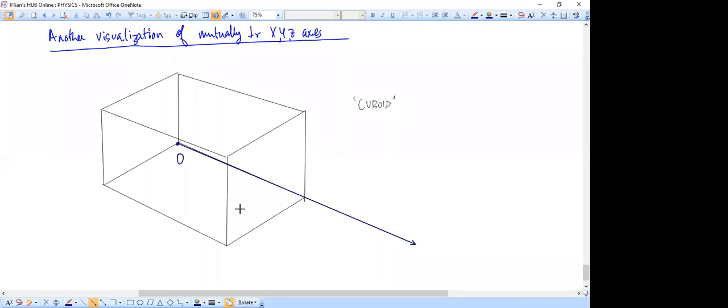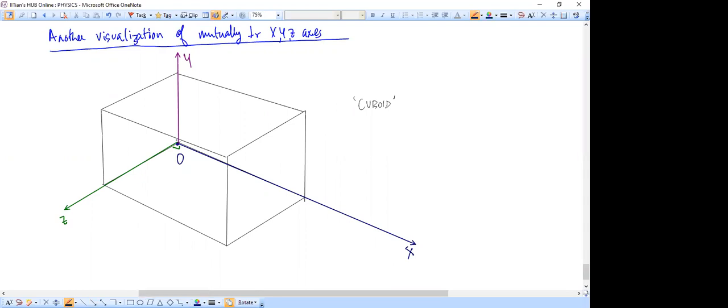You define this edge as your y-axis. And you define this edge as your z-axis. So you can see that they are mutually perpendicular.